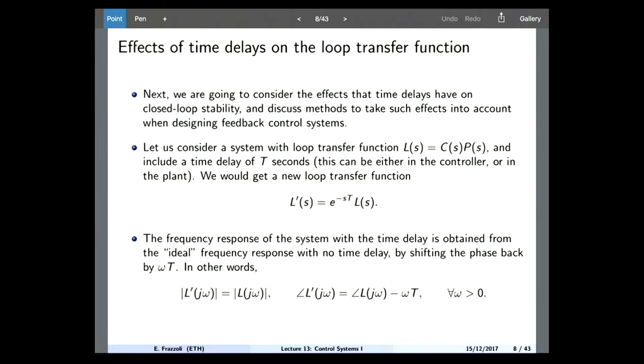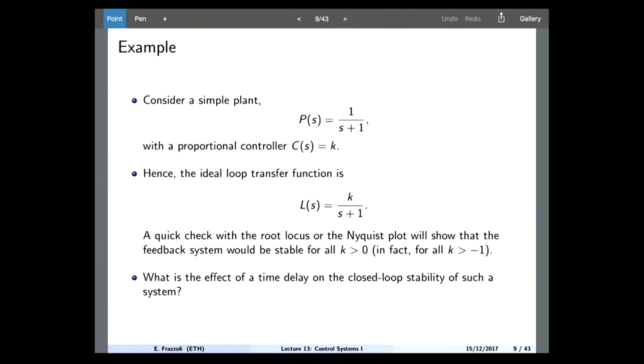How do you get the Bode plot of the system with the time delay? The magnitude is exactly the same as if there was no time delay. However, the phase plot will be shifted down by this exponentially increasing phase delay.